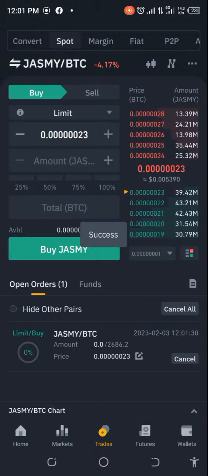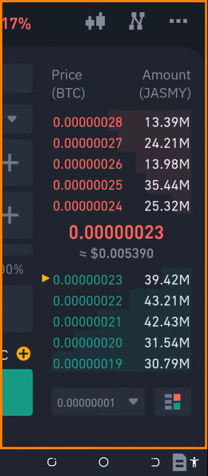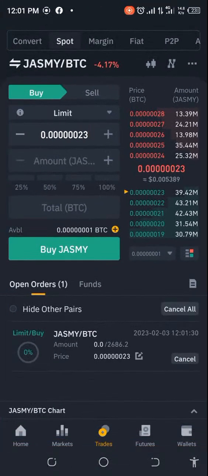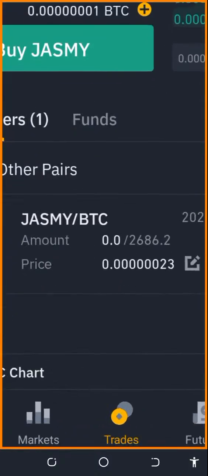So right now we're in the queue, and we're going to be checking to see when our order will be sold. This might not take long, it may take long, we don't know, but currently we're in the queue.